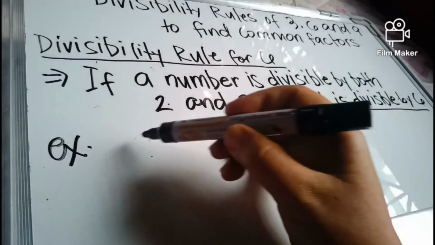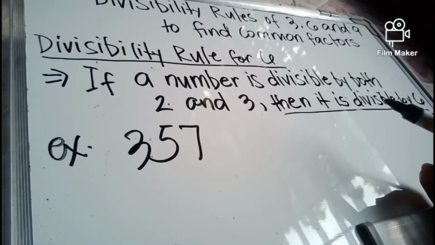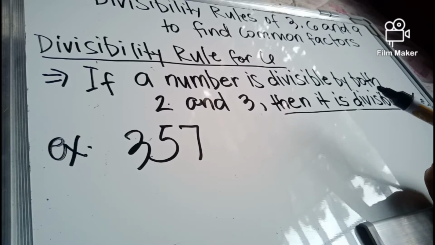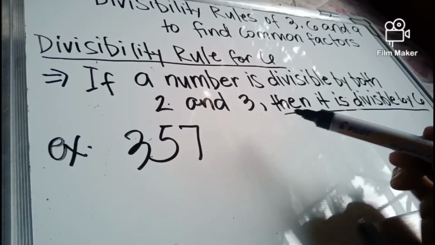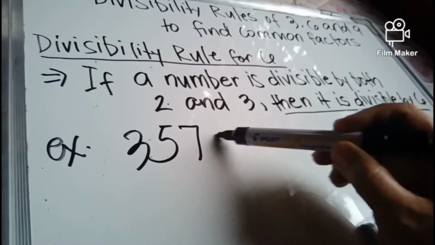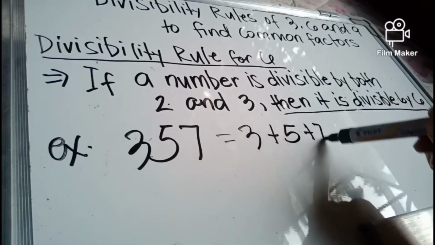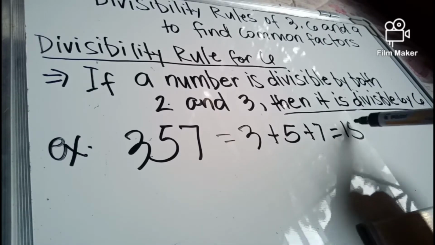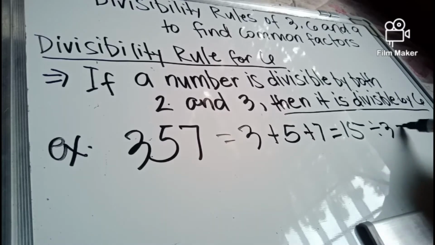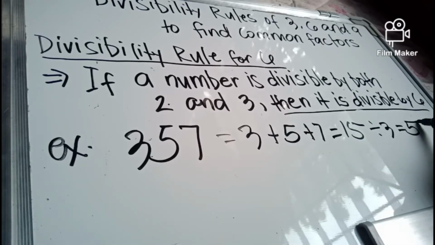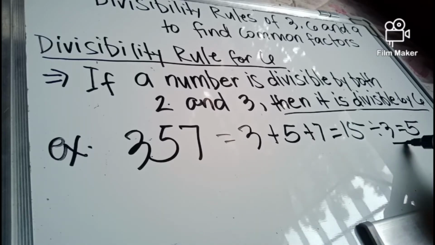Another example is 357. Titingnan natin kung ito ba ay divisible by 6. So, unahin natin sa divisible by 3. Let's add the digits. 3 plus 5 plus 7 equals 15. 15 divided by 3 equals 5. So, 357 is divisible by 3.